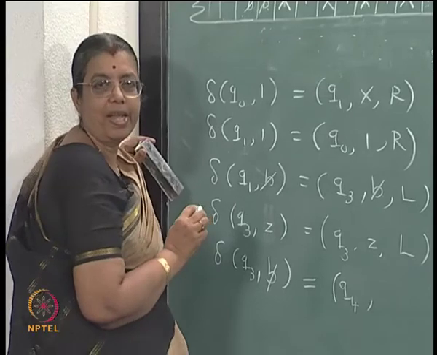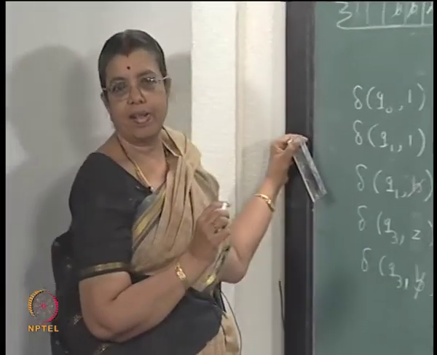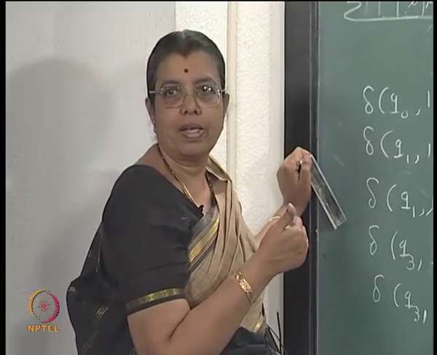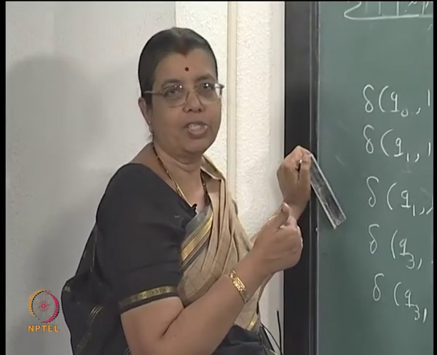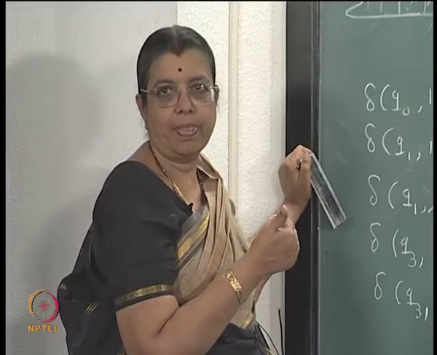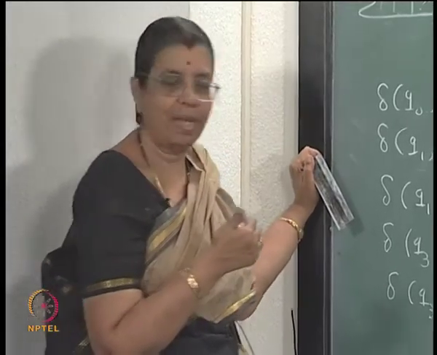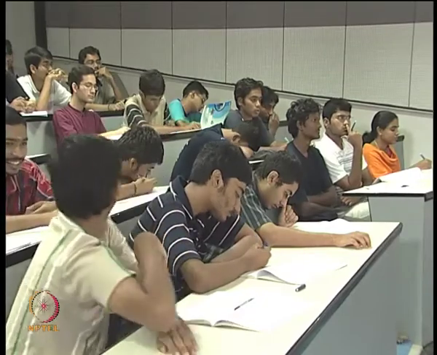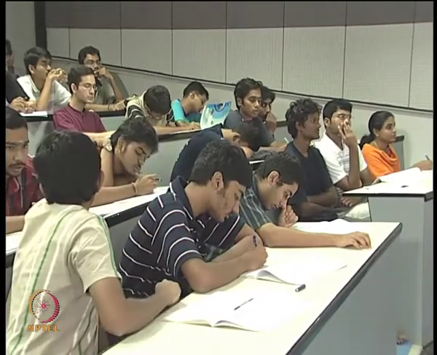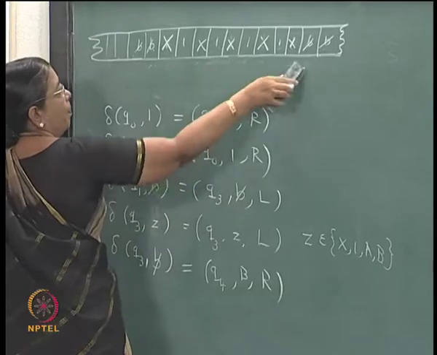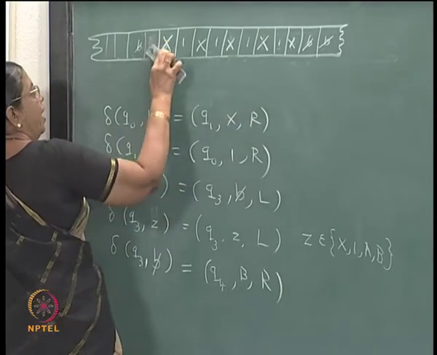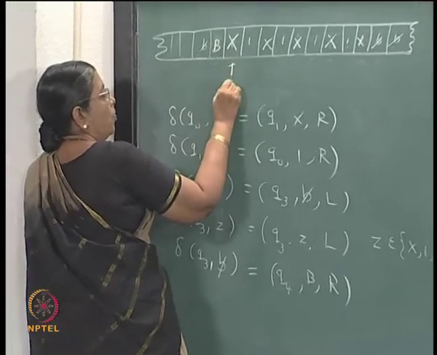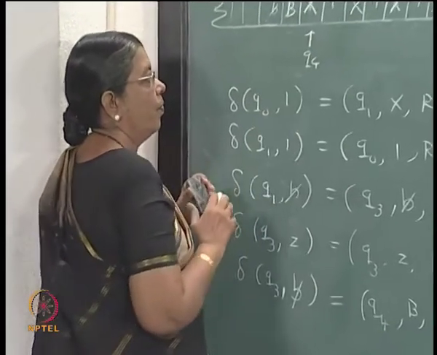What will it print, B or A? Q1 means it has come across an odd number of ones, so what it should print is B. Louder please, yes, B. And in Q4 it starts moving. So, in Q3 it has moved completely over this, and here it prints a B and moves right in Q4.